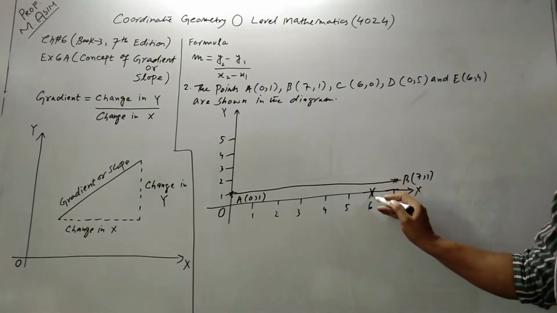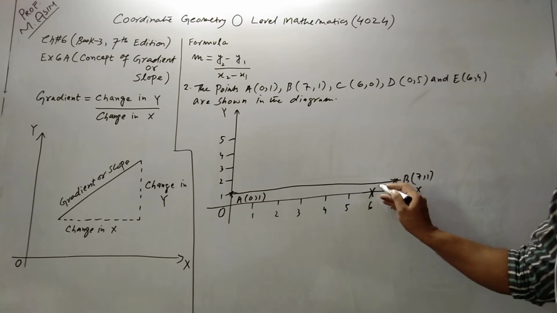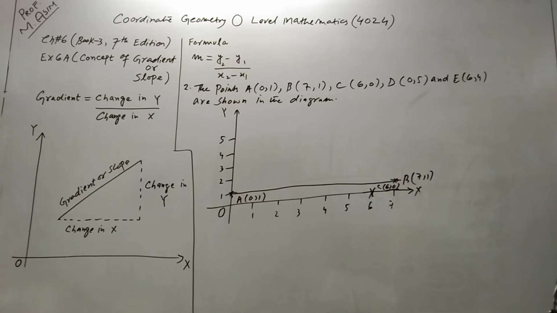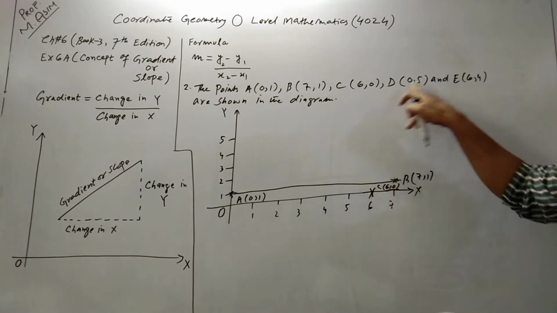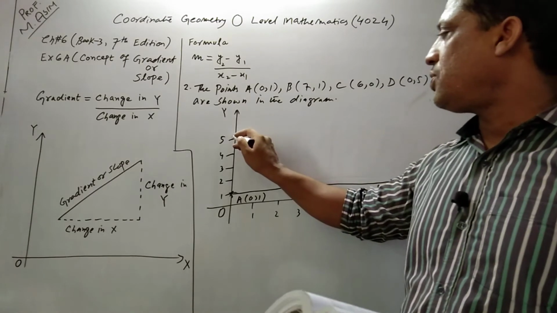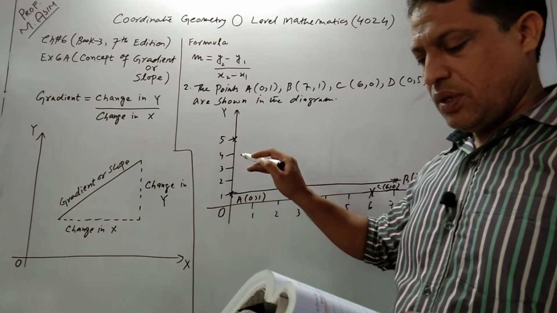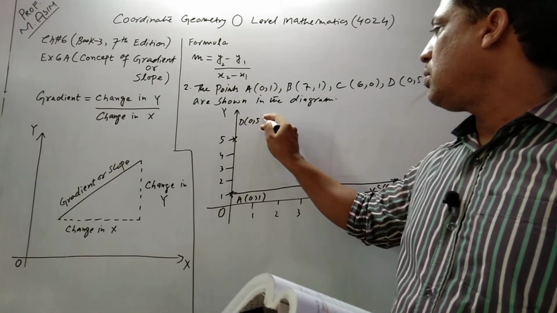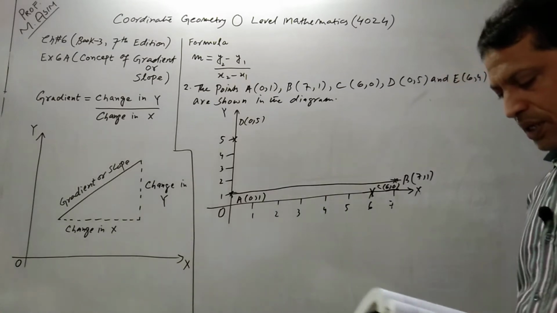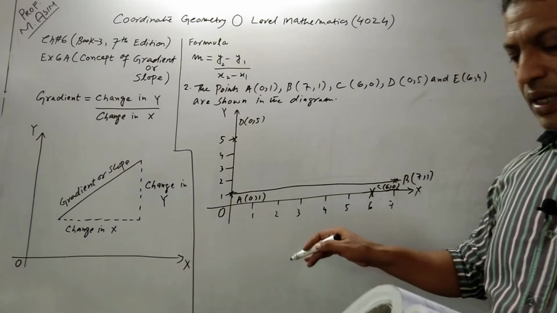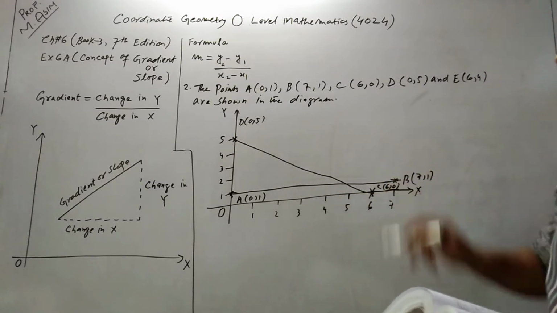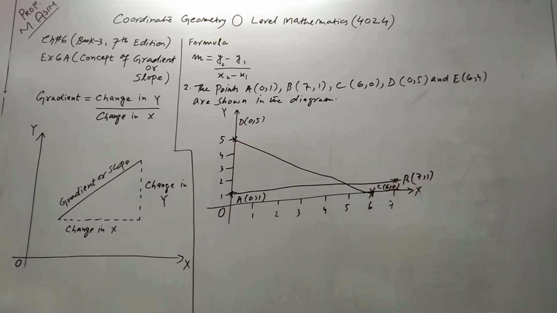This is C (6, 0) and D is (0, 5). So this is the D point. D to C.